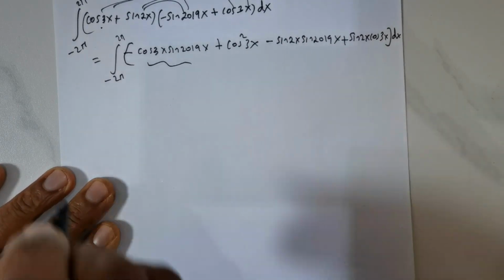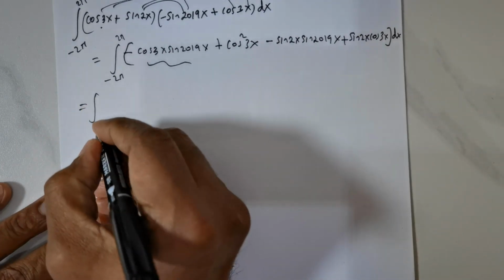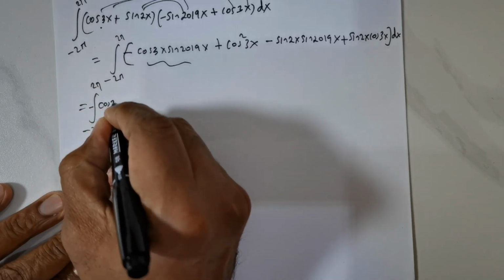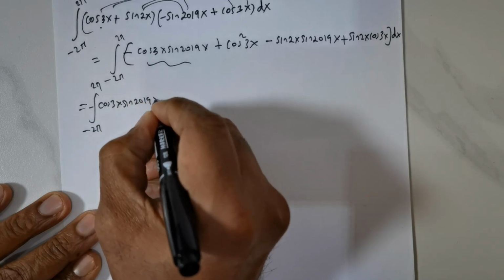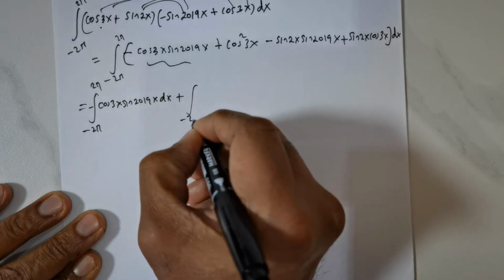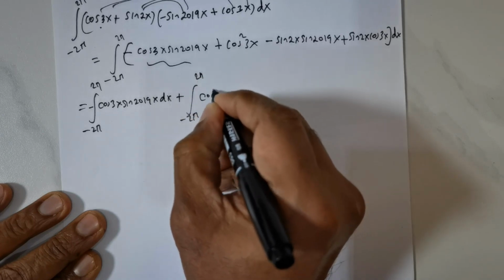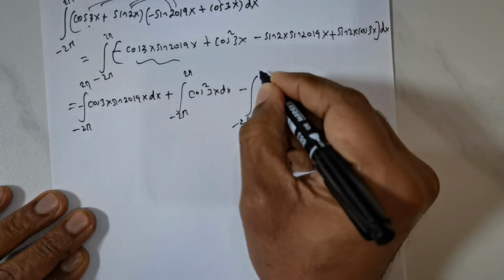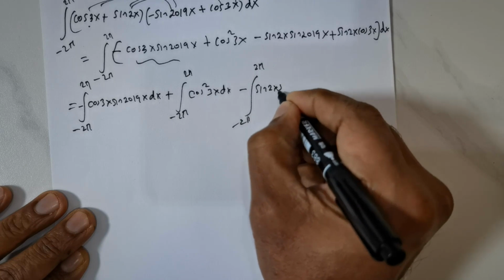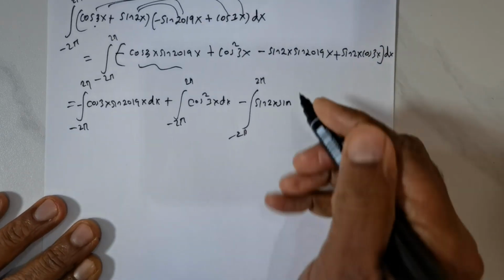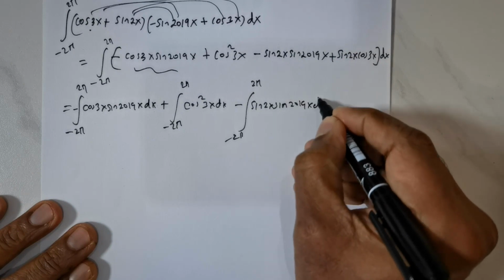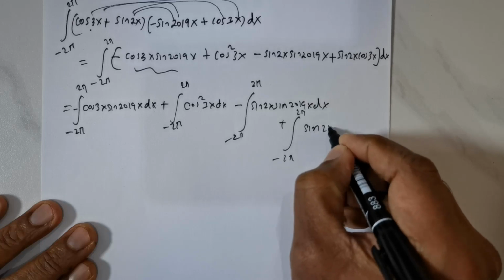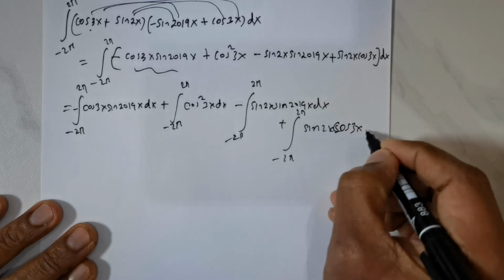Now I'm going to distribute dx throughout, so it's going to be the integral from negative 2 pi to 2 pi of negative cos 3x sine 2019x dx, positive the integral from negative 2 pi to 2 pi of cos squared of 3x dx, negative the integral from negative 2 pi to 2 pi of sine 2x sine 2019x dx, positive the integral from negative 2 pi to 2 pi of sine 2x cos 3x dx.